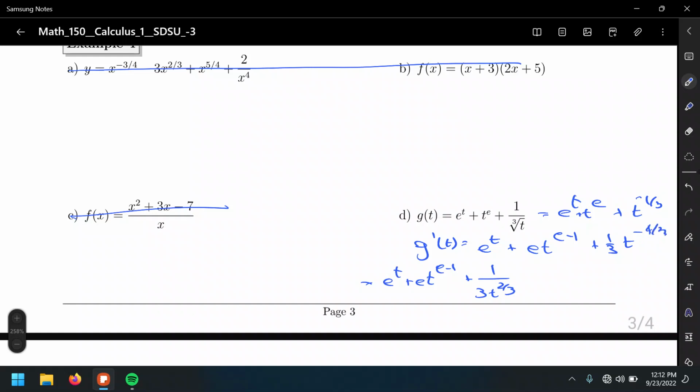Thank you. And going back to radicals, that's e to the t plus e t to the e minus 1 plus 1 over 3 cube root of t to the 4th.